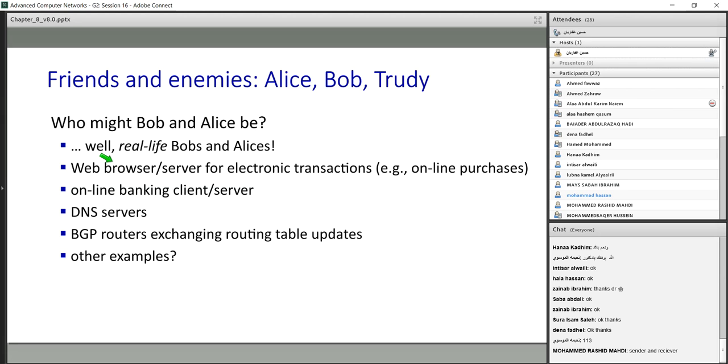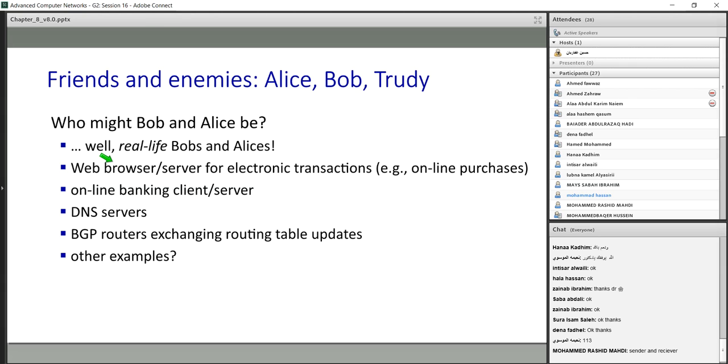our digitalized life, over this World Wide Web, over this connected life, we have several Bobs and Alices.